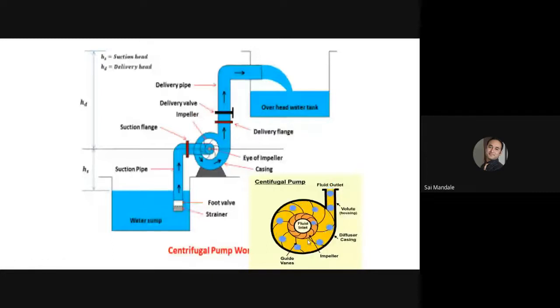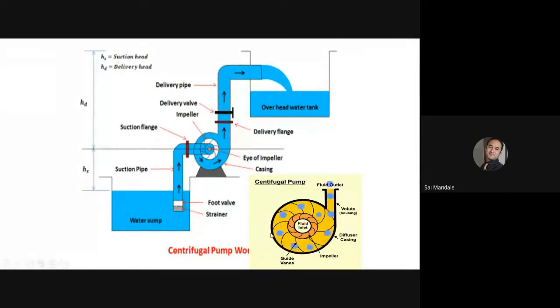Once the motor starts to rotate, the shaft of the motor is connected to the shaft of the pump. On the shaft of the pump there are the impellers. Because of the volute casing and because of these impellers, the back pressure or the vacuum is created inside the casing.